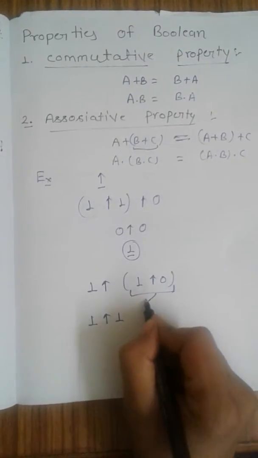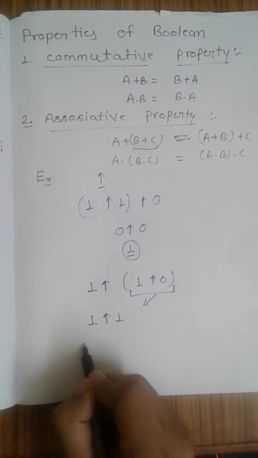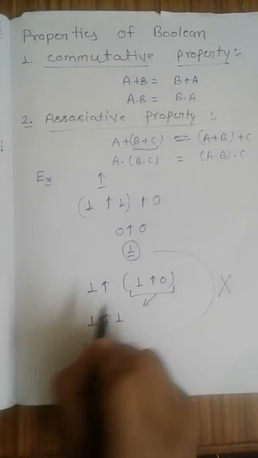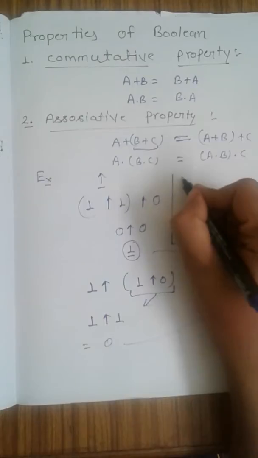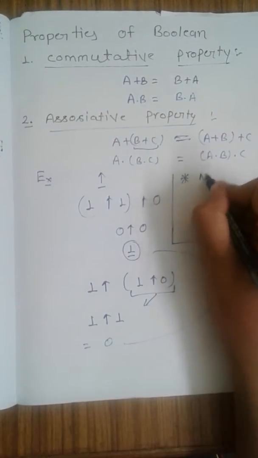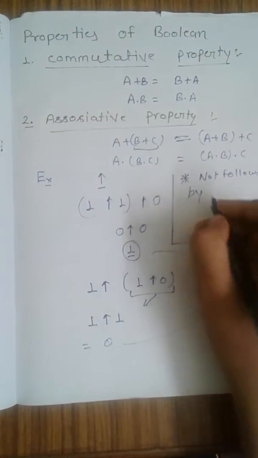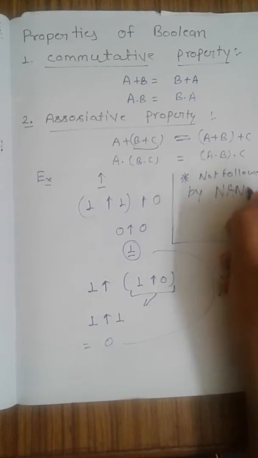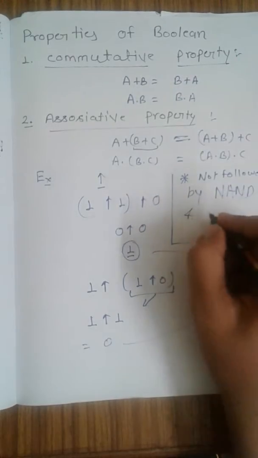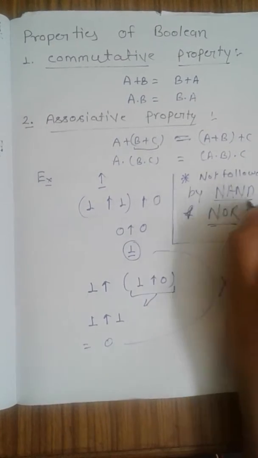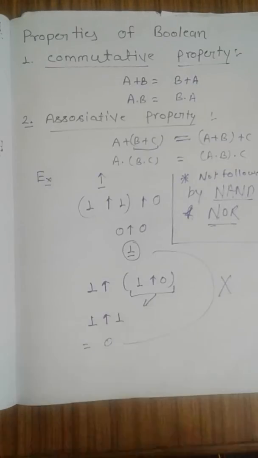The result of this one will be 1, and the total result will be 0. So 1 is not equal to 0, then this property is not followed by NAND and NOR gate, these two gates. All other gates like AND, OR, XOR, and exclusive NOR follow this property, but these two gates do not.